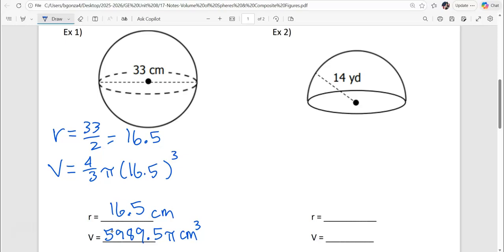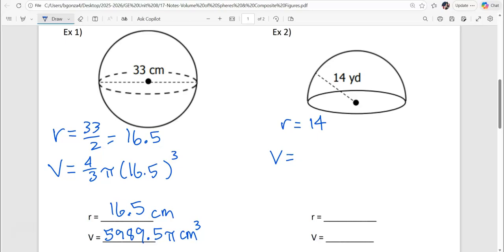Now, is example 2 a whole sphere or a hemisphere? It's half, it's hemisphere. So first of all, the radius is what? It is halfway, so r is 14. So here's what you can do. You can either find the whole sphere and then divide it by 2, or you can use that formula I put in these notes.